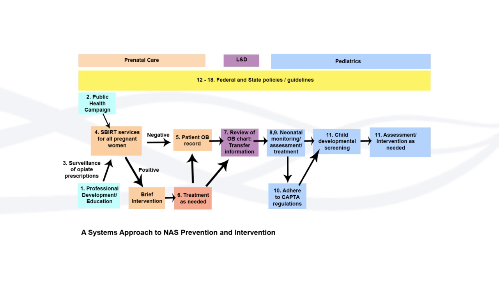And importantly, we have to regulate and provide more oversight to treatment programs that are providing medication-assisted treatment so that there is a consistency in the use of these medications. Number 2, a public health campaign.